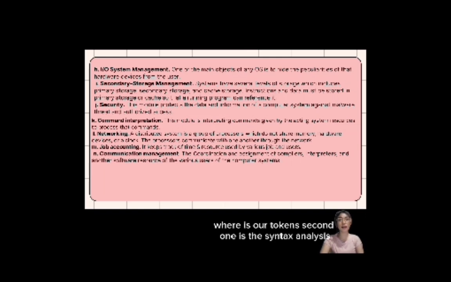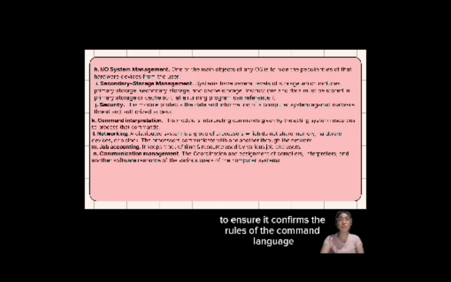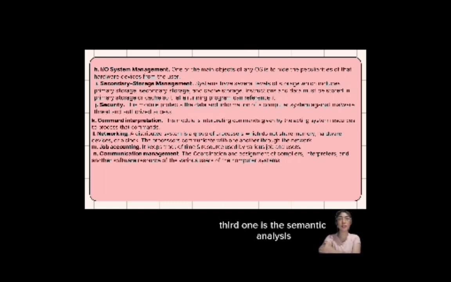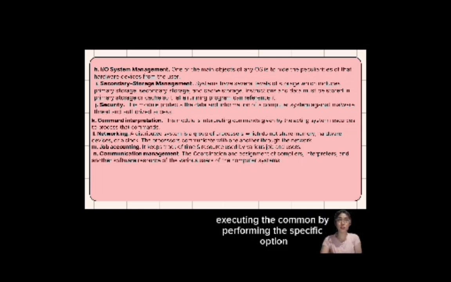Second one is syntax analysis, analyzing the structure of the command to ensure it conforms to the rules of the command language. Third one is semantic analysis, interpreting the meaning of the command and identifying the action to be taken. Fourth one is execution, executing the command by performing the specific action.